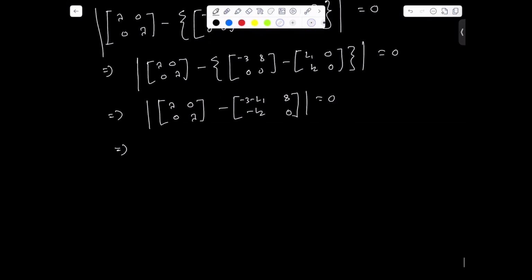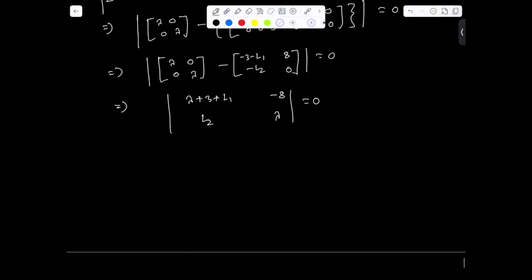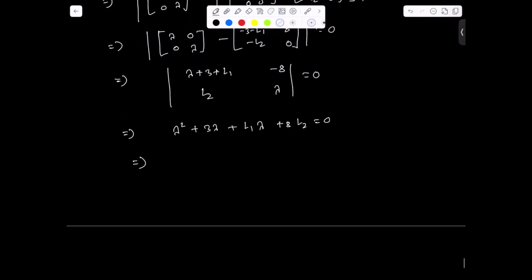And finally, we have lambda plus 3 plus L1 minus 8 L2 lambda equal to 0. And the characteristic equation we are having lambda square plus 3 lambda plus L1 lambda plus 8 L2 equal to 0. And also we can write in more simplified form lambda square plus (3 plus L1) lambda plus 8 L2 equal to 0.